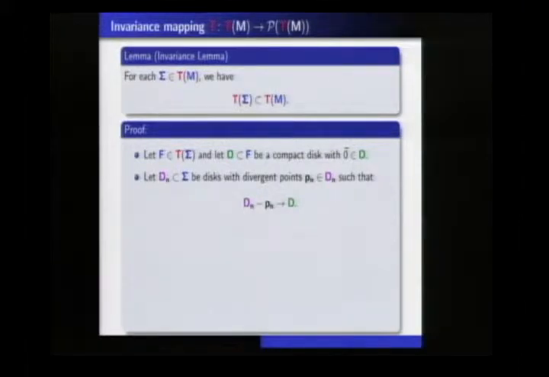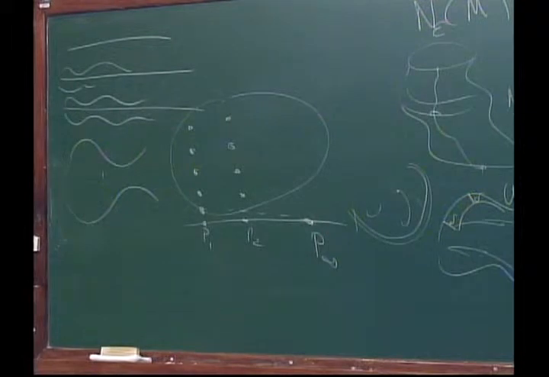Remember, around the points Pn converging to the origin, we have other disks, right? And these translated disks are creating this disk, but they're disks on sigma. So those are kind of like these points here going to this point here.